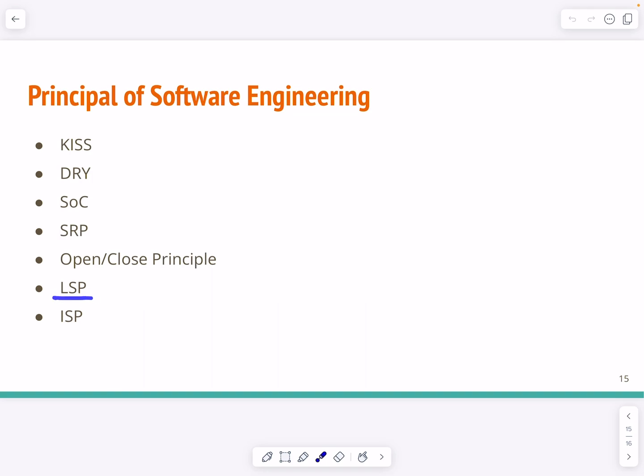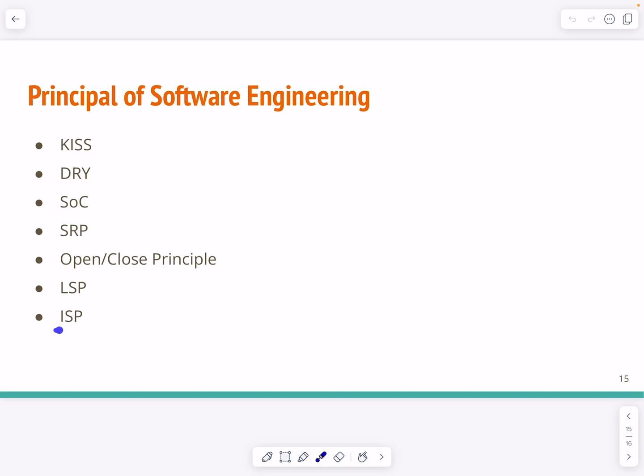So next one is LSP, the Liskov substitution principle, that states the objects of a superclass should be replaceable with objects of its subclasses without affecting the correctness of the program.